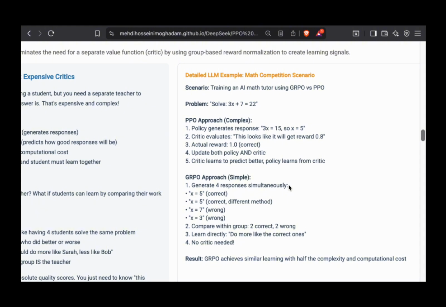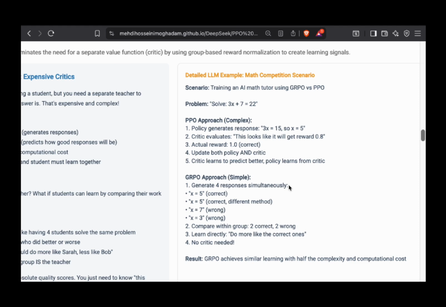And imagine the first one and the second one, however the answer is correct, but imagine that we have different methodology of reasoning to get there. So what it does is compares within group, what do we have, 2 correct answers and 2 wrong answers, learn directly, do more like the correct ones and don't do like the wrong ones.